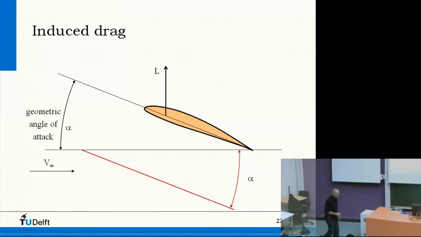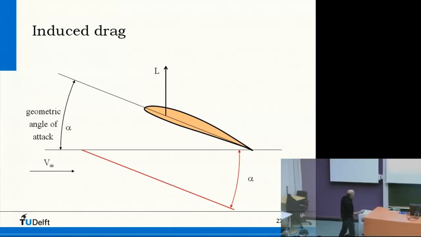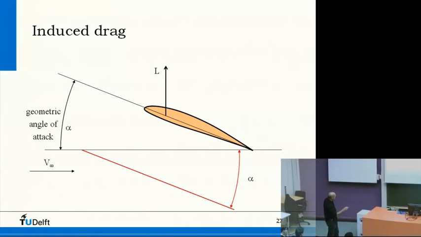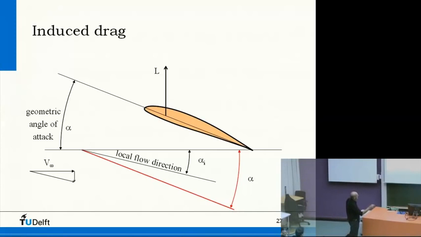Now, because we have a downward velocity pushing the air down at the position of the wing, this is the new velocity vector. And that is this one. So this one is parallel to this one. So the local flow direction is not this angle here, but it is this angle here. No, I'm sorry. This is the local flow direction here.